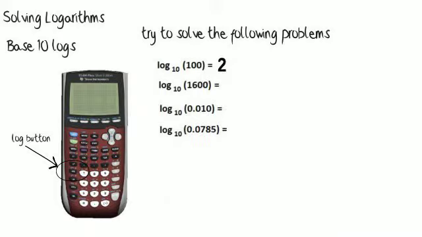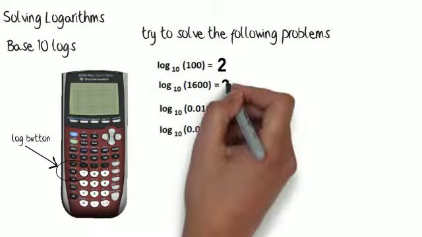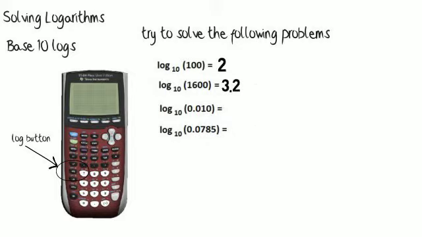On some calculators you'll have to hit the number first and type in 100, then hit log, then hit enter to get the answer. You have to learn how your calculator actually wants the inputs put in, but basically you have to type it in. So we can continue on here.